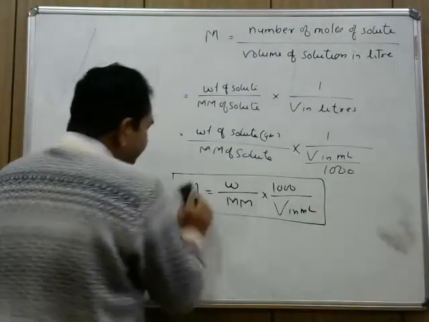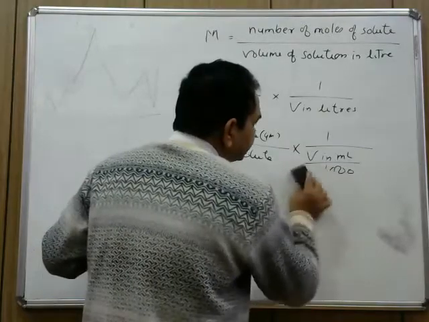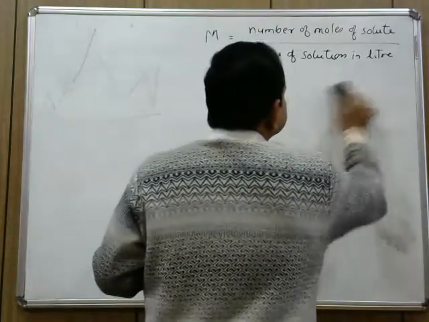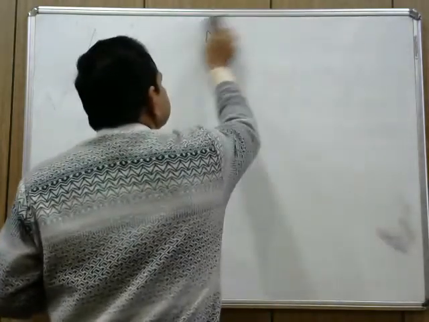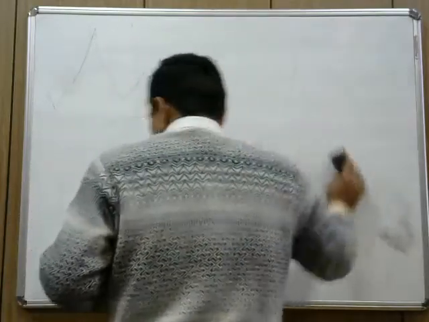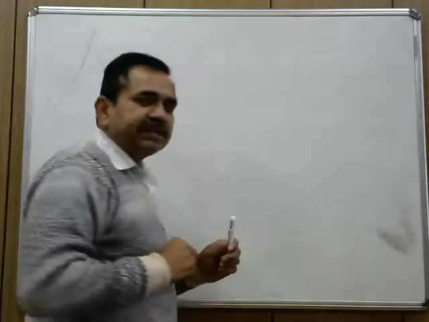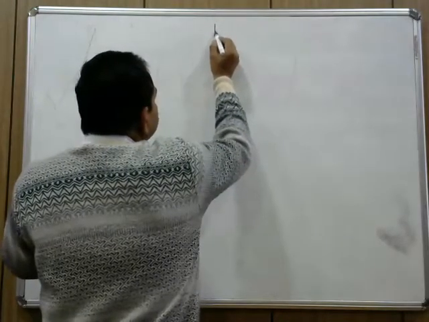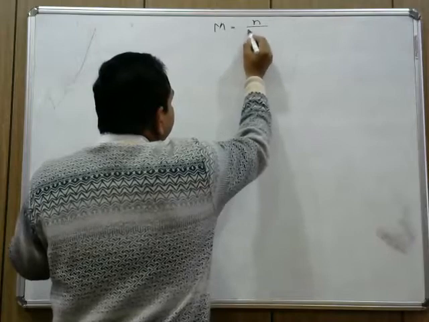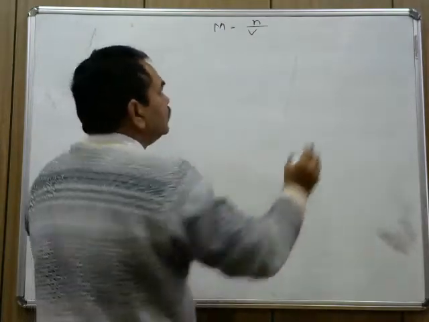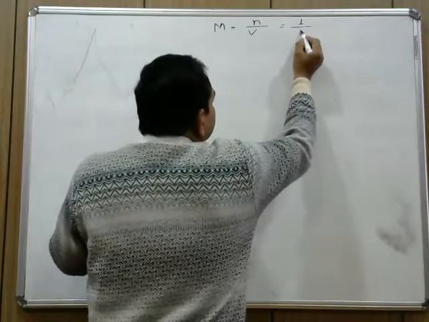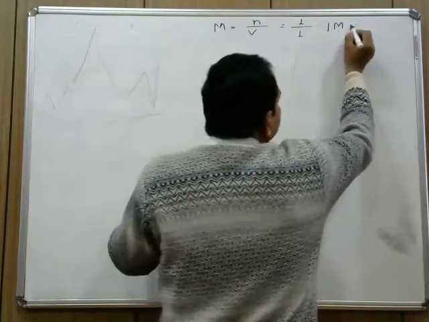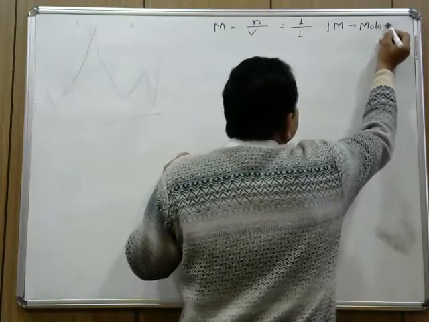Now let us understand it in a different way. Say for example, molarity M is given by n upon V. So if n is 1 and V is 1, so it is 1 M, or it is called a molar solution.